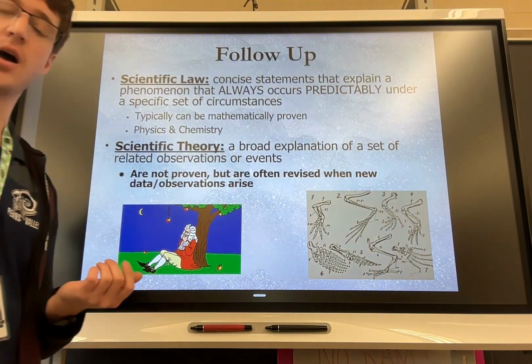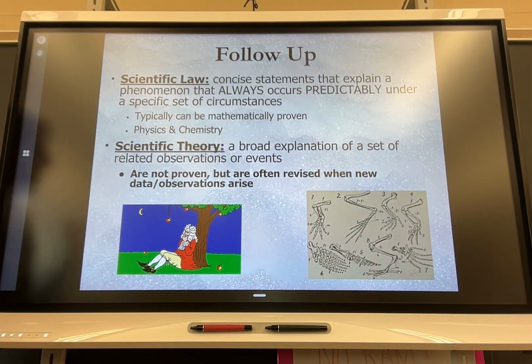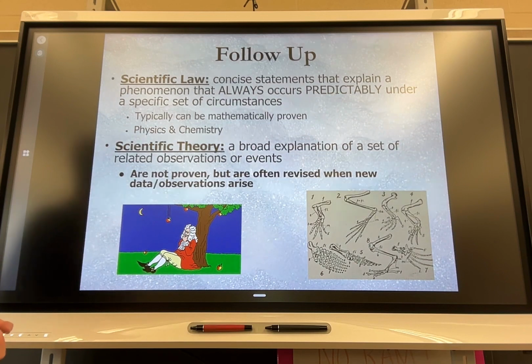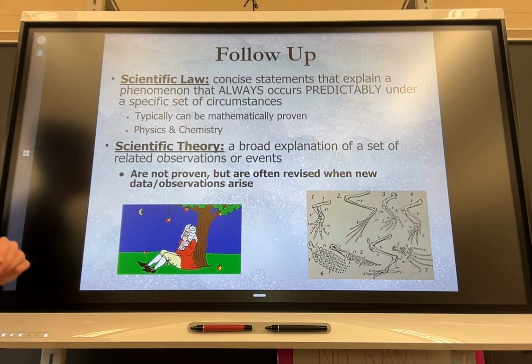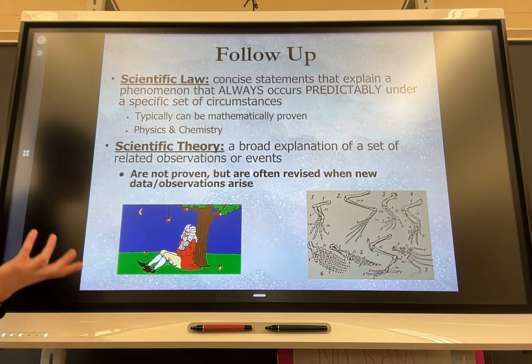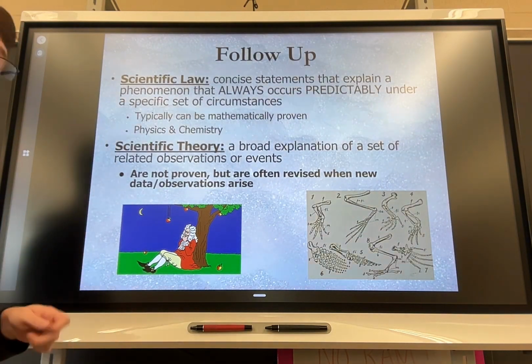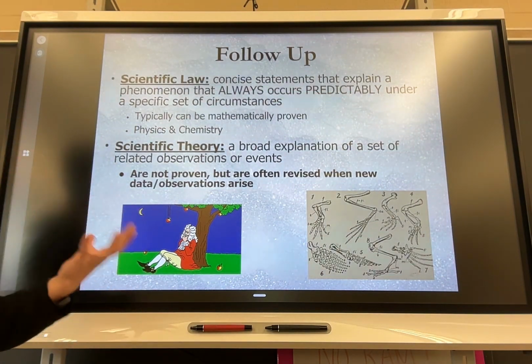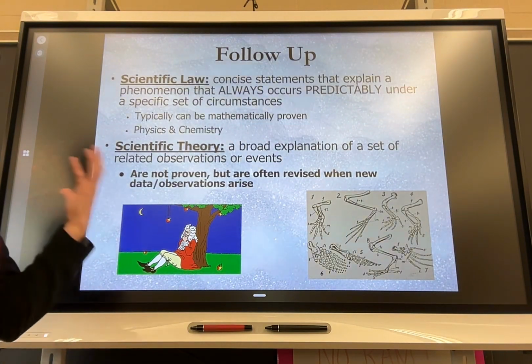So objects always fall towards a center of mass at 9.8 meters per second squared. That is something that mathematically can be proven. We have done it on multiple different planets. We've tried on the moon dropping a feather and a hammer, and they fell at the same rate, given no air resistance and things like that. So things always fall at the same rate.